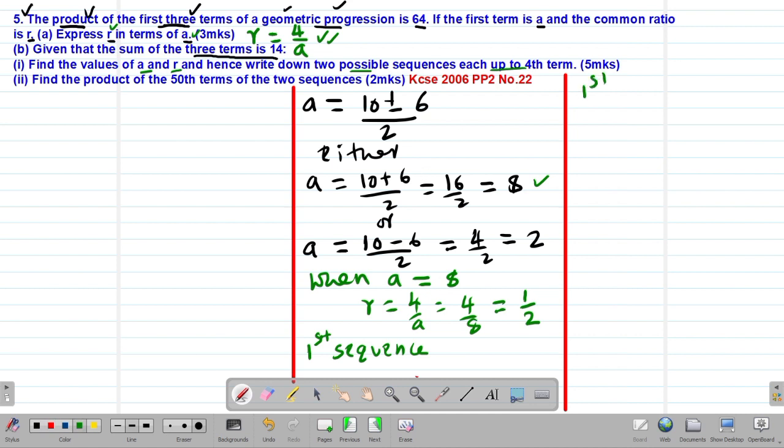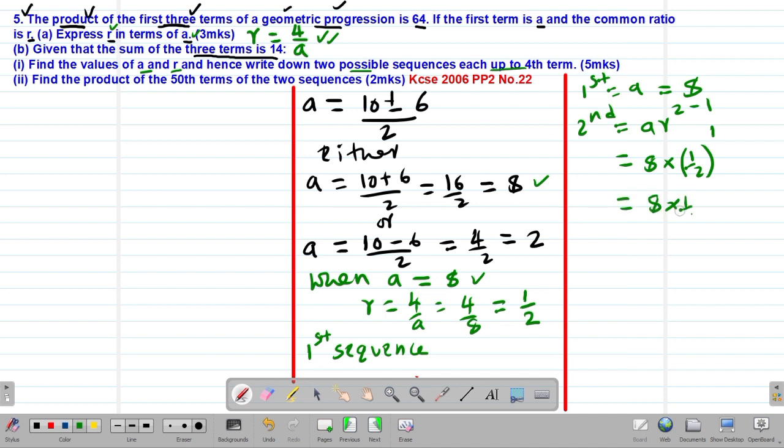So the first term of this sequence will be a. Of course, we are using when a is equivalent to 8. Then the second term will be given by ar to the power of 2 minus 1, which will be equal to, the first term is a. Then the common ratio here is a half. So this will be a half. Then to the power of 2 minus 1, I'll just get 1. So this is going to give me 8.